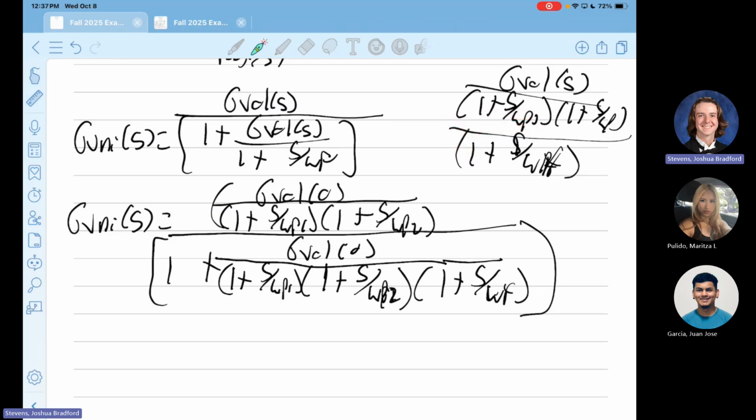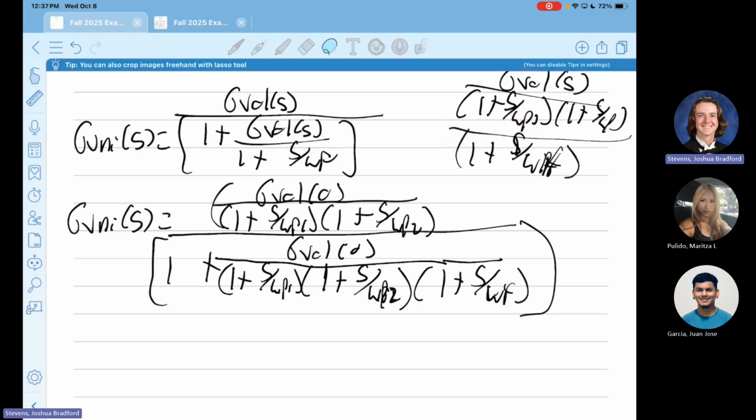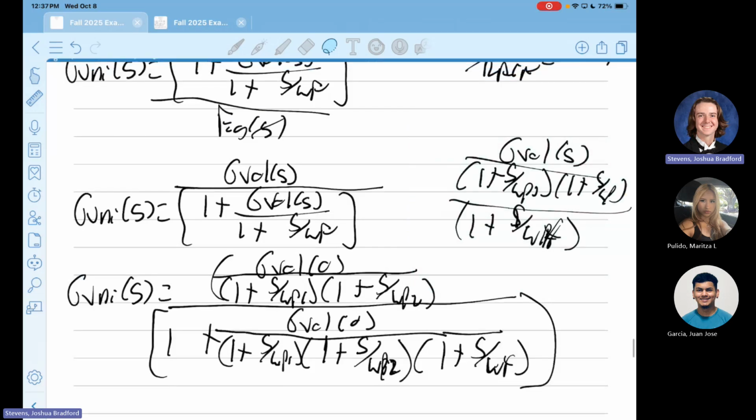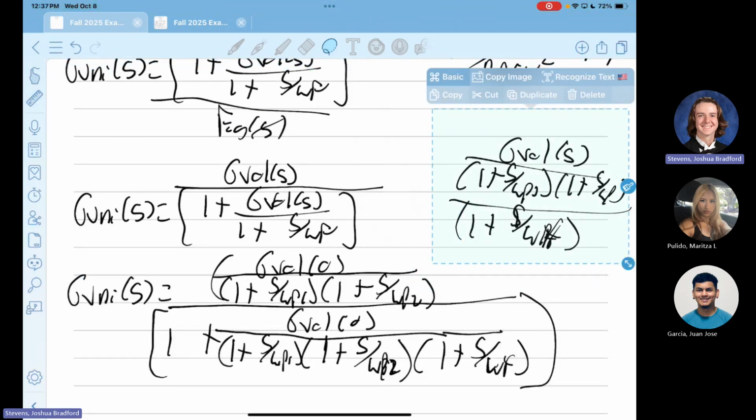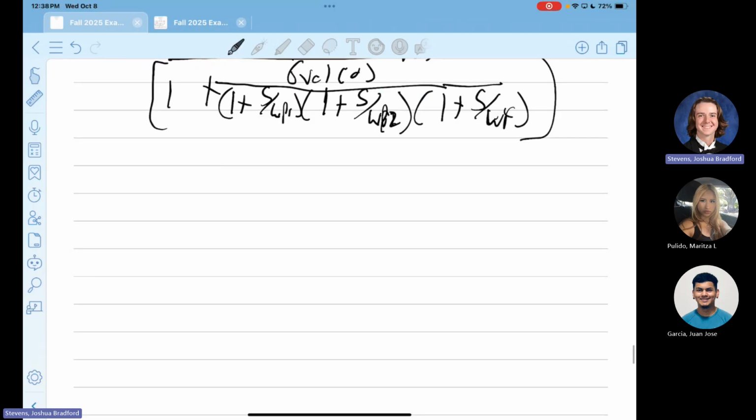Does that make sense? So I was like, I'm not going to do that. All right. We're almost done. Kind of. So it's still like we're finding the poles and zeros of this. So that's our eventual end goal.